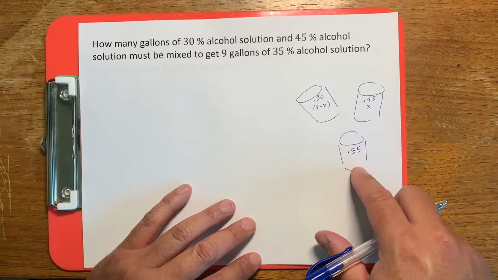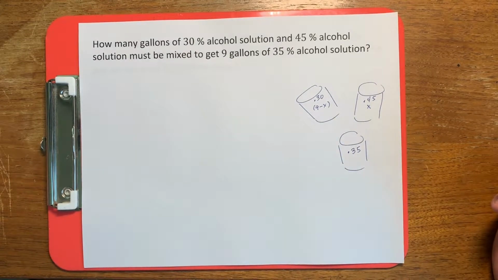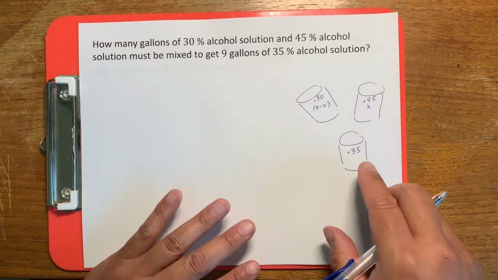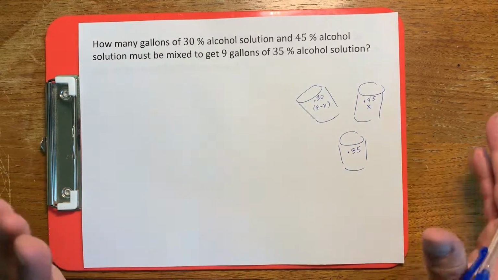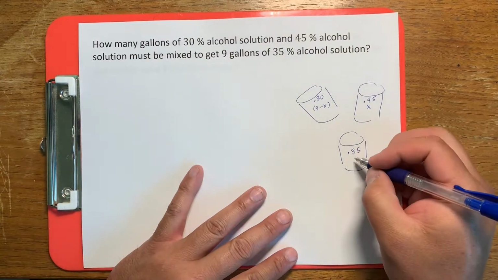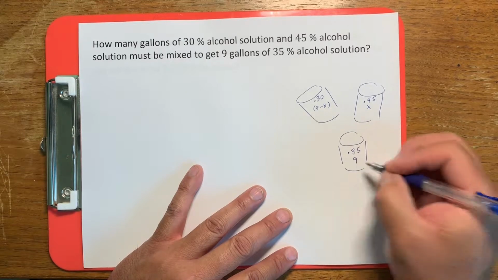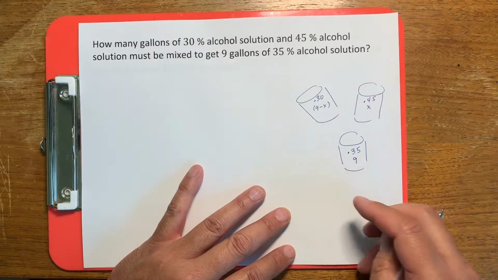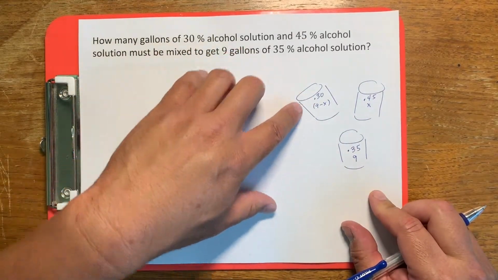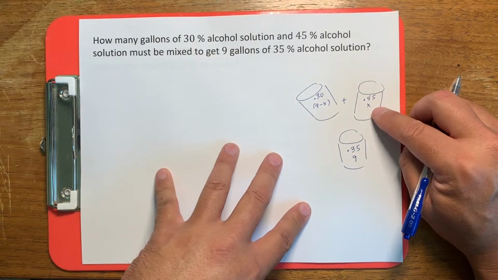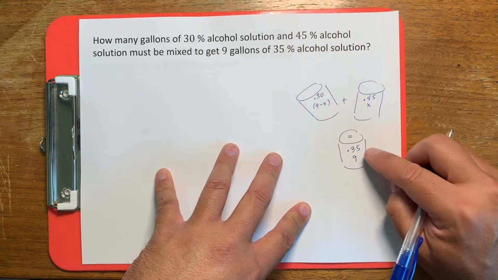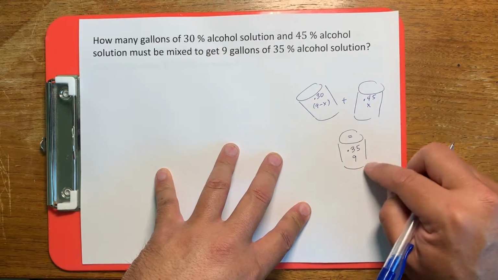But if they had given us that we had gotten 8 gallons of alcohol off of this, we wouldn't have to do what we're going to do next. What we have to do is multiply 9 here. The reason why is that we're saying this percent times this amount plus this percent times this amount is equal to this percent times the total amount.